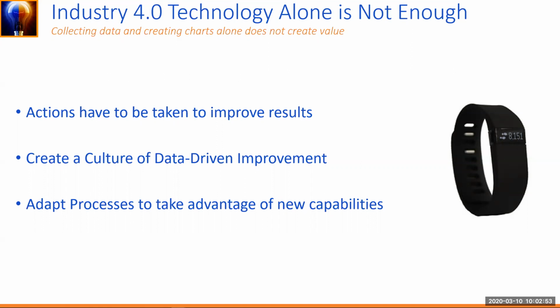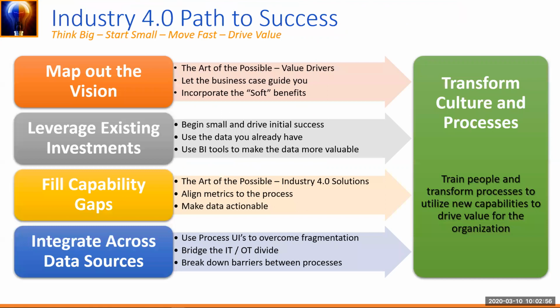And so at Visual Decisions, we look at a path to success for Industry 4.0. The left side is essentially the technology implementation, mapping out the vision, how to leverage your existing investments, the tools that you already have in place today, looking to fill the capability gaps with additional systems, whether it's machine learning or anything else, and then integrating across different processes and data sources to create the big levers for your business.